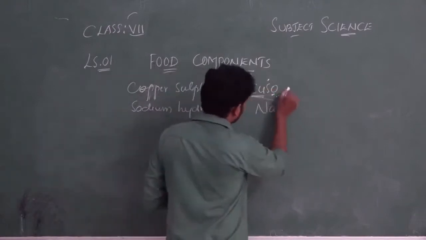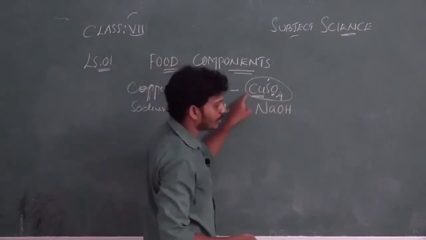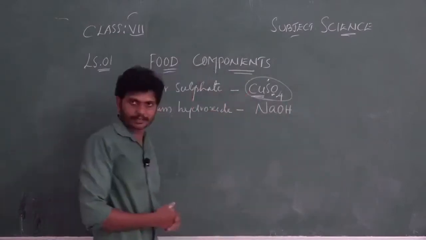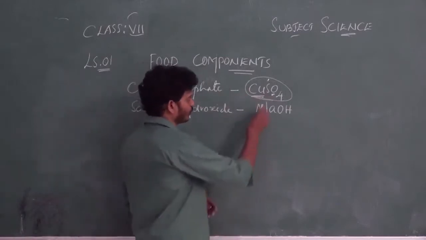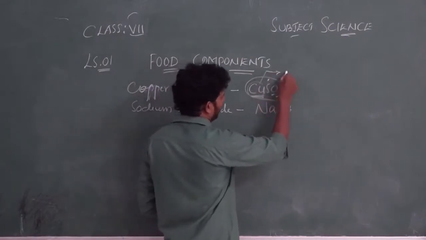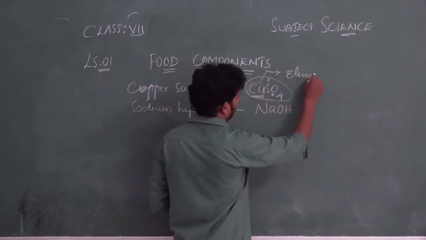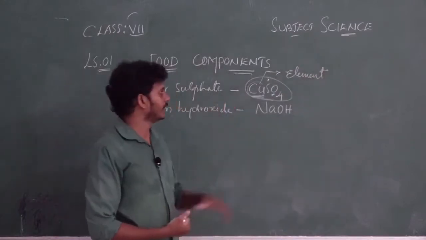It gives you the formula for copper sulfate, CuSO4. First of all, this Cu, that is copper, is an element.